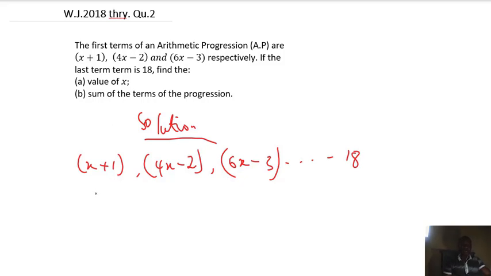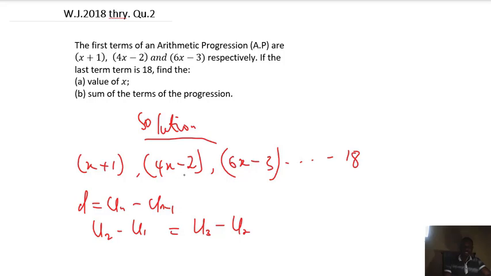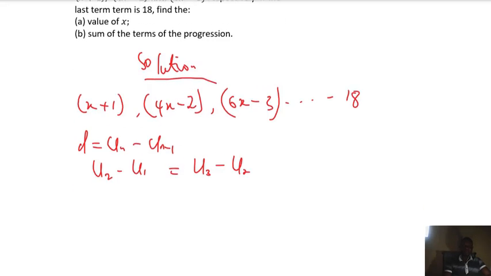Under AP, the common difference, D, is equal to Un minus Un-1. This means that U2 minus U1 must be the same as U3 minus U2. The common difference between the first two terms must be the same as between the second term and the third term.